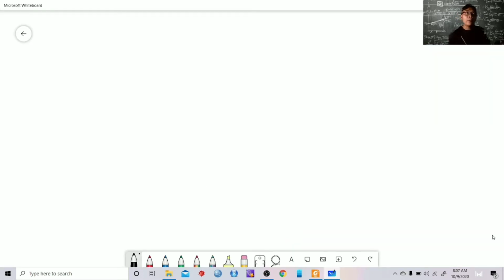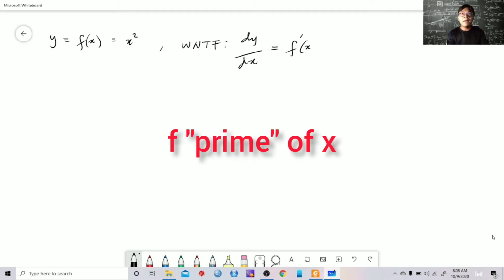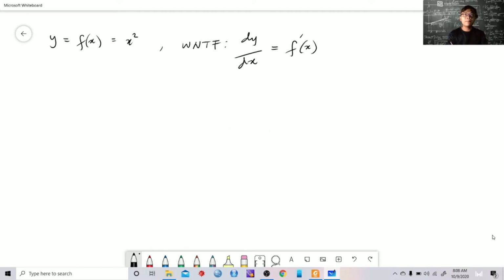Alright, so in the given example, we are given y, which is also equal to f of x, that is x squared. So we need to find dy over dx, which is the same as f prime of x.